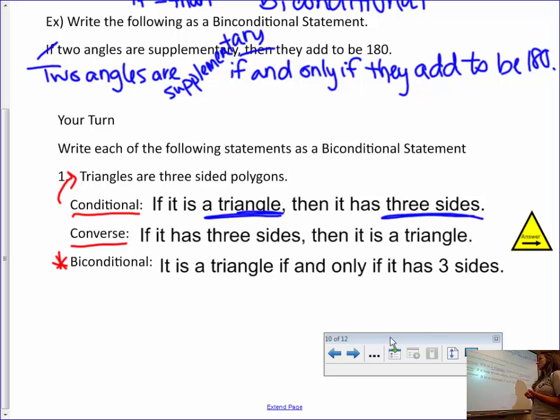Now the converse, remember we're just flipping it, so if it has three sides, then it is a triangle. Because both of these are true statements, we're going to go ahead and write the biconditional. So it is a triangle if and only if it has three sides. That's that part here where the then used to be, and we don't take the if there. So that is a biconditional statement.